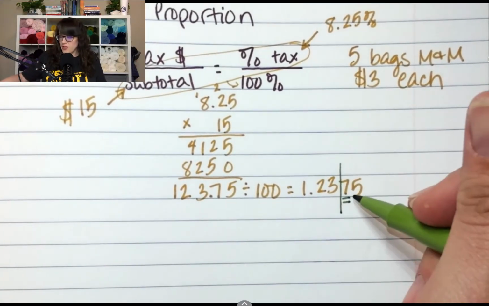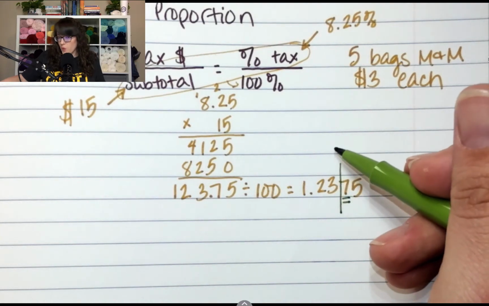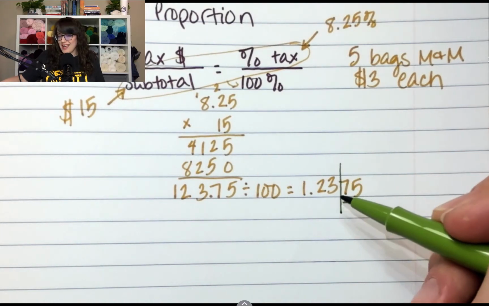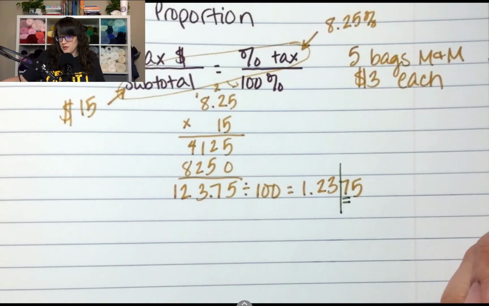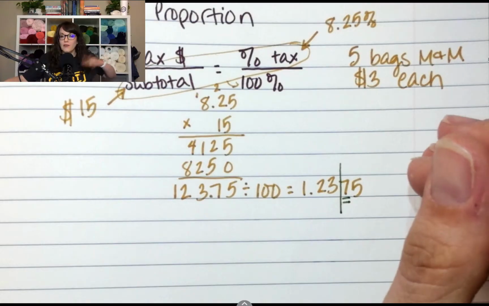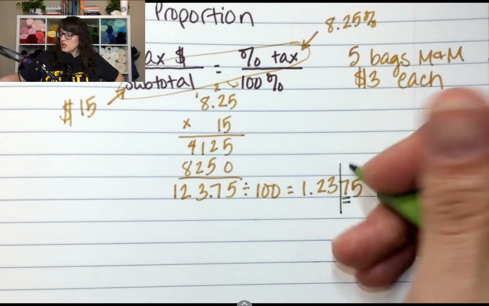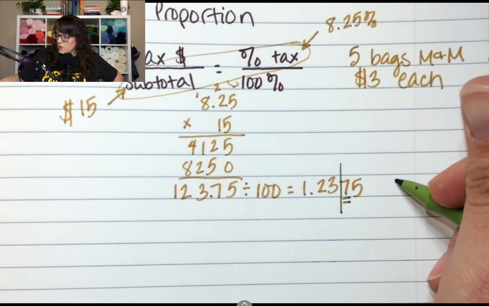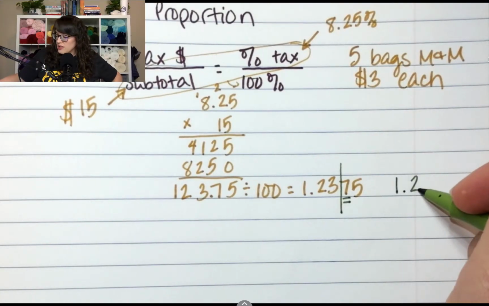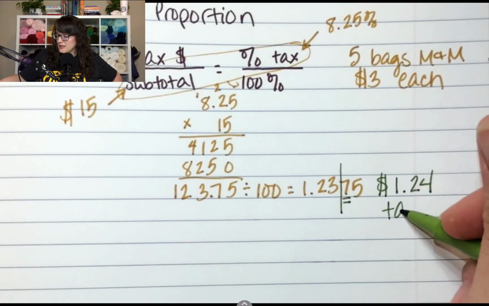So if the third number is a 7, is this 3 going to round up to a 4, or is it going to stay a 3? It's going to round up to a 4. Remember that 5 or more, round up, 4 or less, let it rest. So this is going to round to $1.24. And this is my tax.